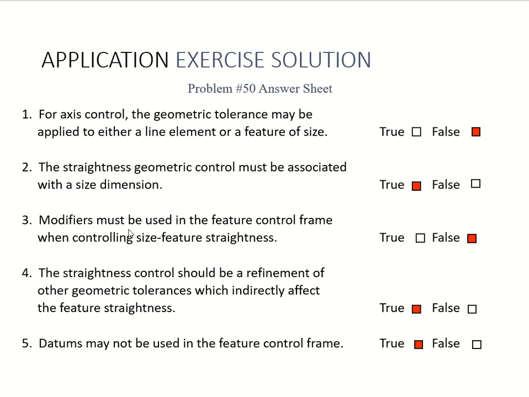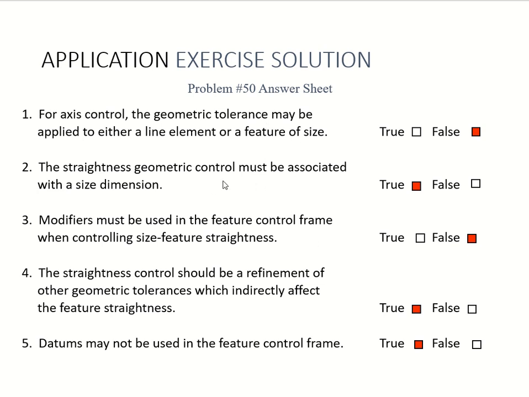You can find that given in your feature control frame, associated with your geometric tolerance. So that's very important when you deal with a feature of size in straightness.